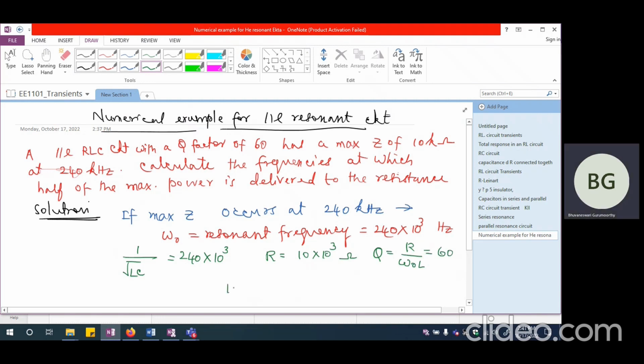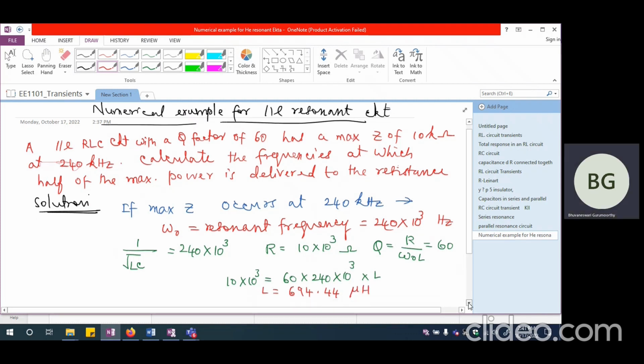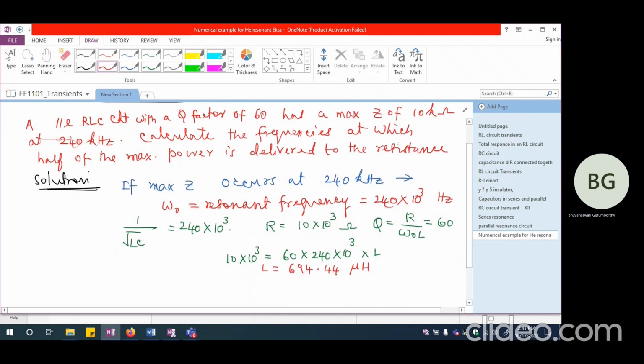So 10 multiplied by 10 power 3 is equal to 60 multiplied by 240 multiplied by 10 power 3 multiplied by L, from which L can be solved for. Okay, so L turns out to be 694.44 microhenry, 10 power minus 6 Henry.